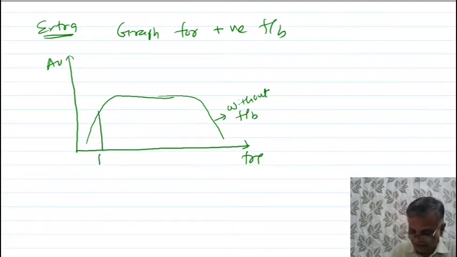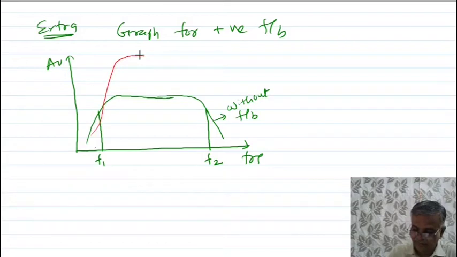This is your f1, this is your f2. Now you give the positive feedback. As you give the positive feedback, your graph will be like this.